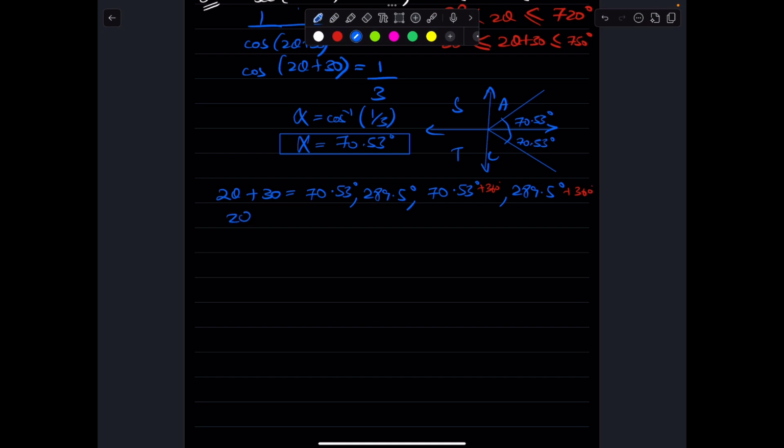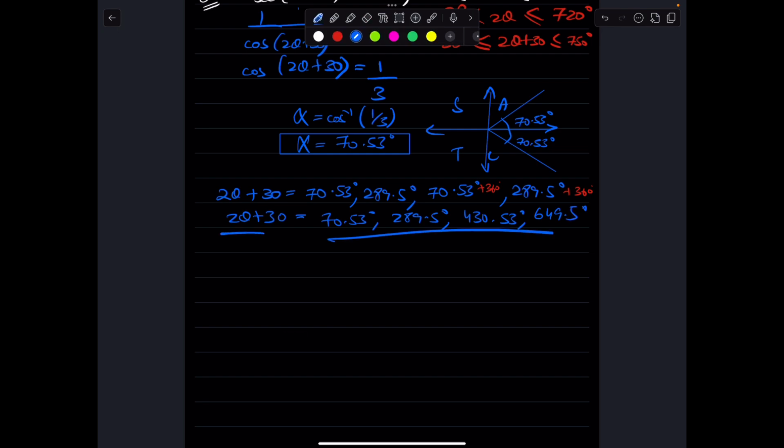So we have 2 theta plus 30 is equals to 70.53 degrees, 289.5 degrees, 430.53 degrees, and 649.5 degrees.